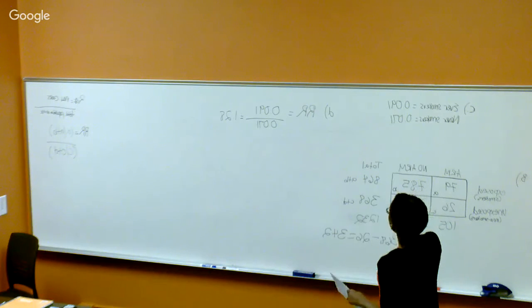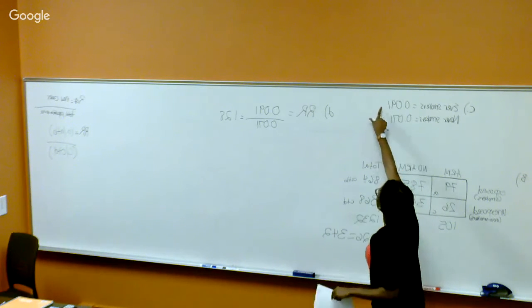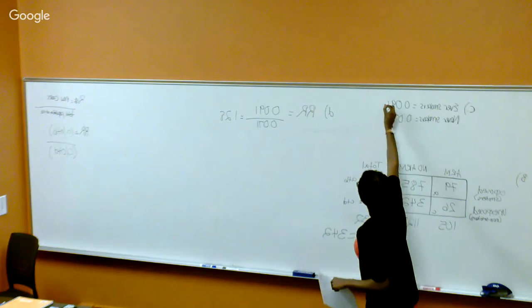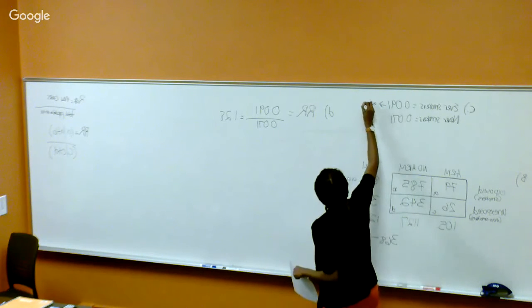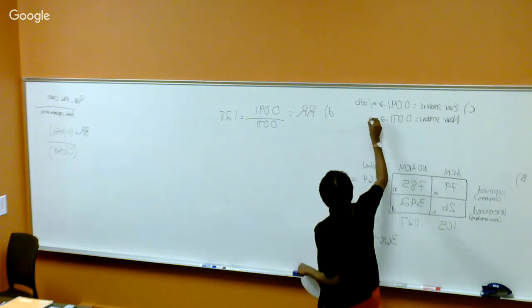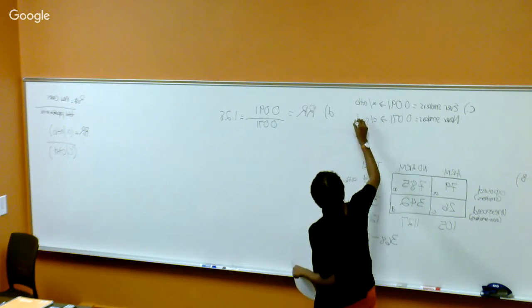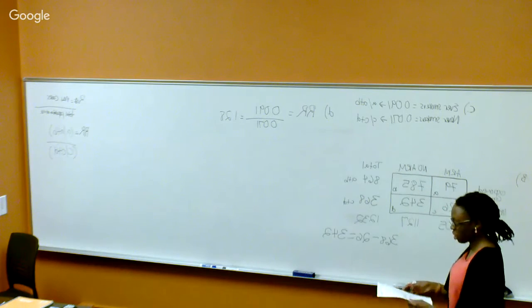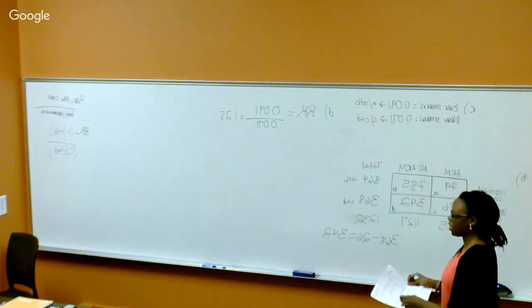Basically, what we were doing here was A over A plus B, and this is C over C plus D, and then we just divided them. Does that make sense? Okay.